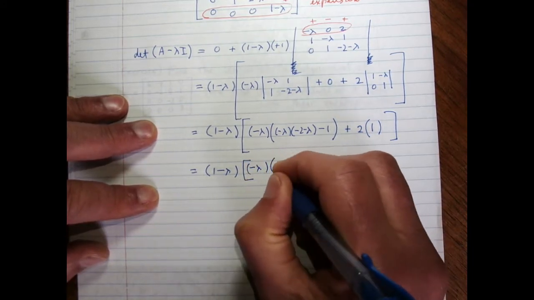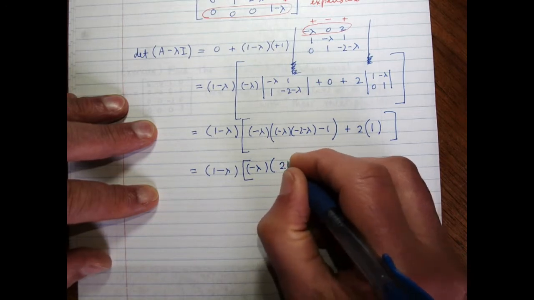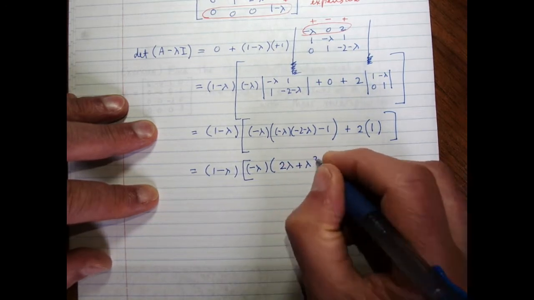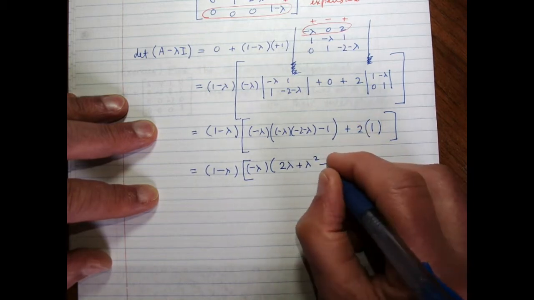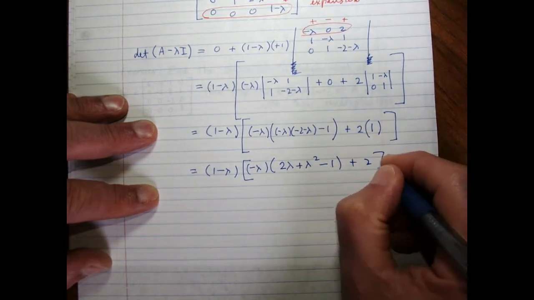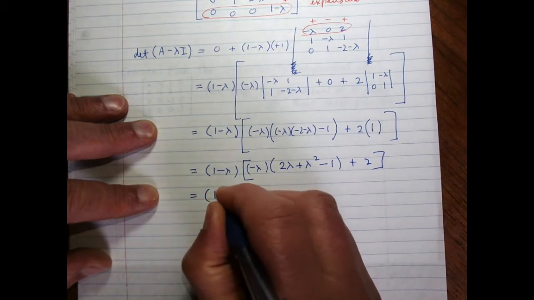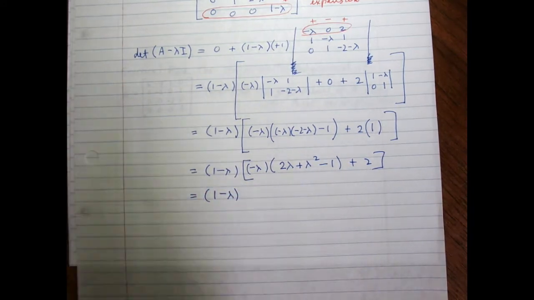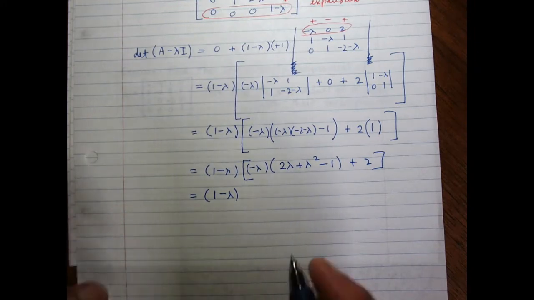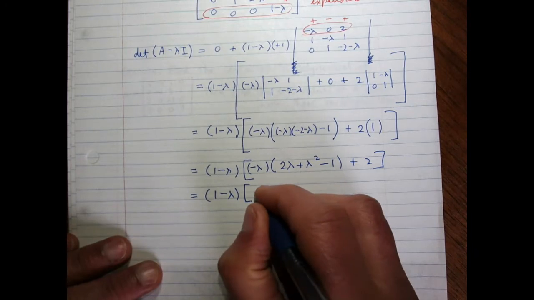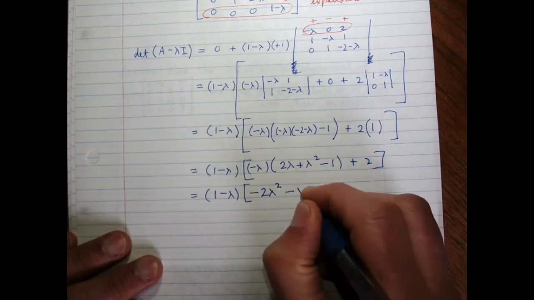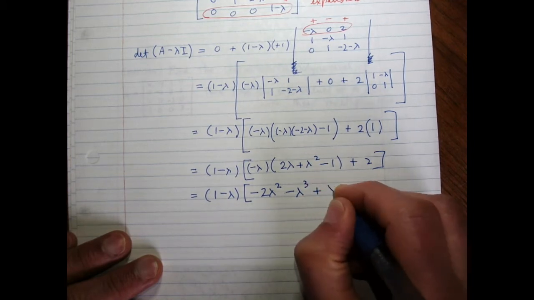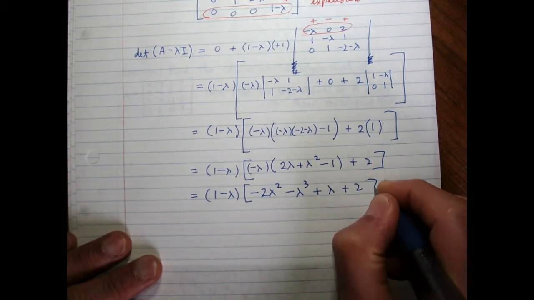Minus lambda times, I'm going to get 2 lambda plus lambda squared, distributing here, minus 1 plus 2. Looks like I have 1 minus lambda times minus 2 lambda squared minus lambda cubed plus lambda plus 2.